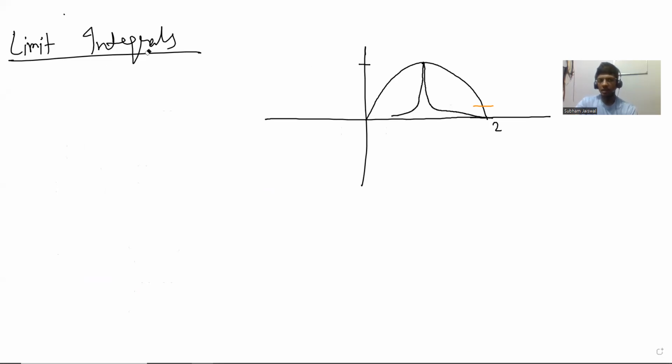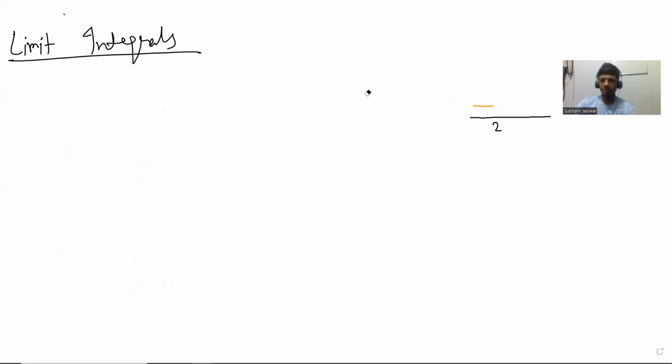It's a very nice technique where in a certain portion I can make the height of the function small, and then in a certain portion I can make the length small and it's bounded. So everything comes into play.